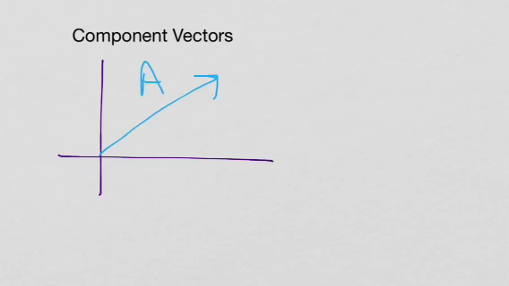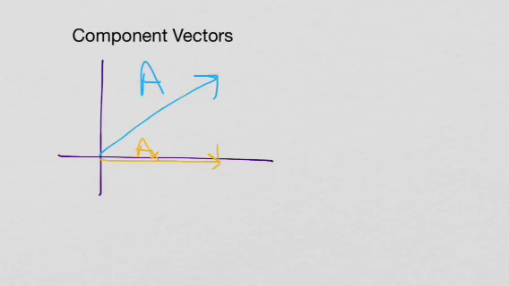We can also talk about vector A as the sum of two other vectors, its component vectors, the things that make up the component parts of A. And we'll have two component vectors for A. We can have the vector of A in the x direction along the x-axis. So that's the amount that A goes horizontally in one direction.